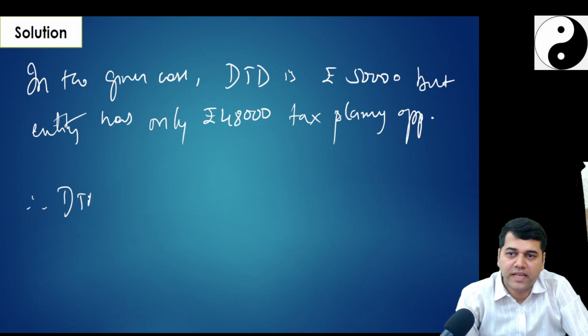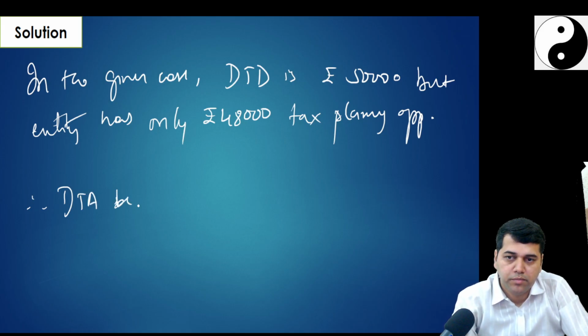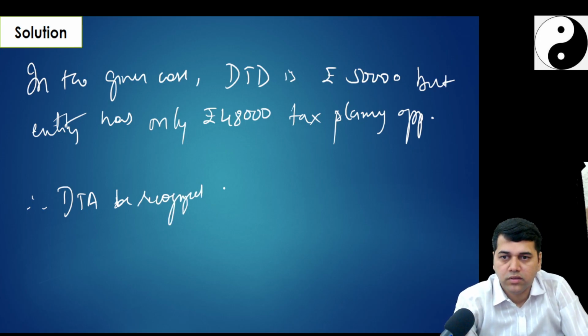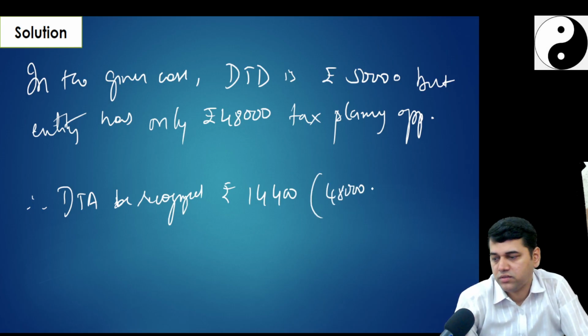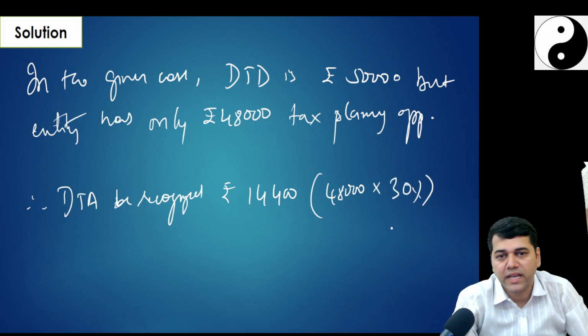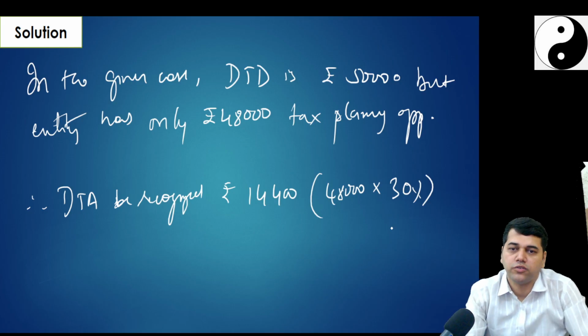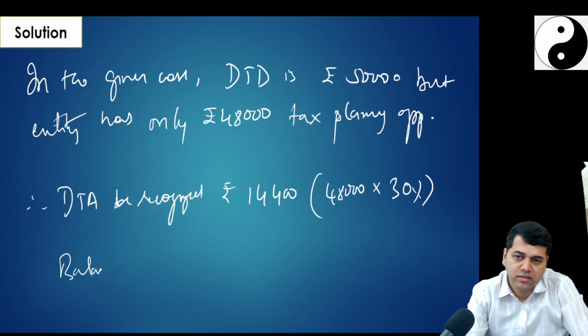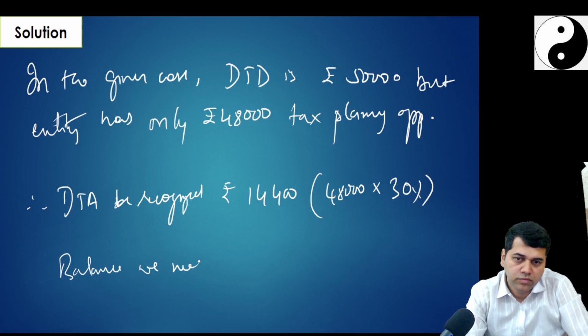Therefore, a deferred tax asset should be recognized of rupees 14,400, in the bracket 48,000 into 30%. That means to the extent of 48,000 only we should recognize, and the balance we need to ignore right now.